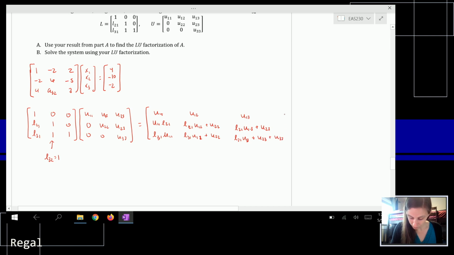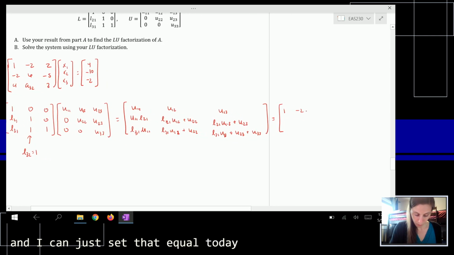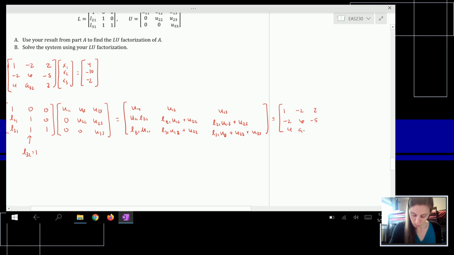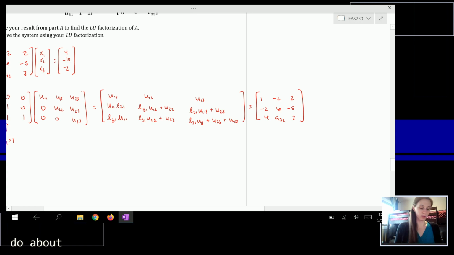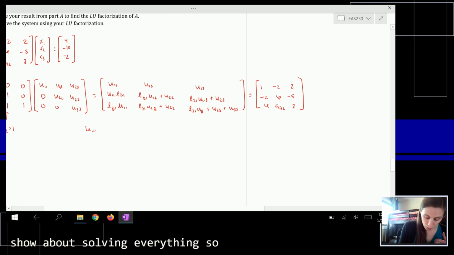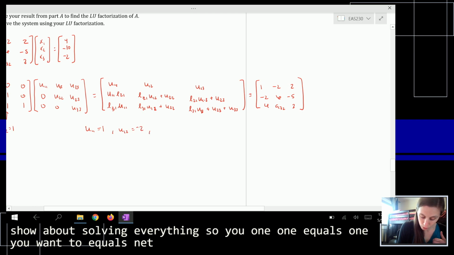Okay, here we go. And I can just set that equal to A. And then I can just go about solving everything. So U11 equals 1, U12 equals -2, U13 equals 2.